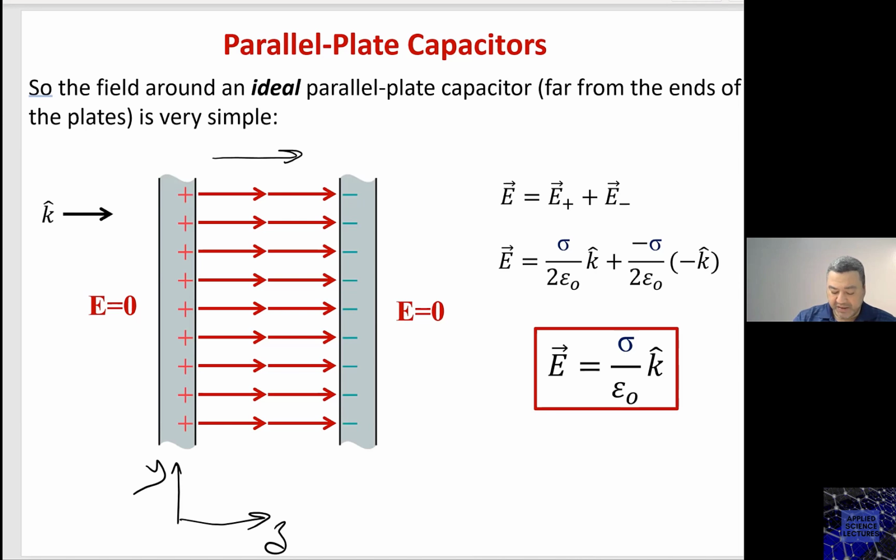In this case, the electric field would be pointing from the positive toward the negative, so the direction of the electric field would be k hat, and the magnitude is sigma over epsilon naught, the one that we concluded in the previous slide.